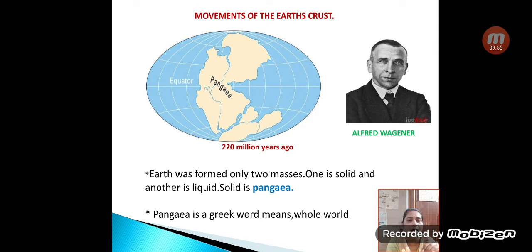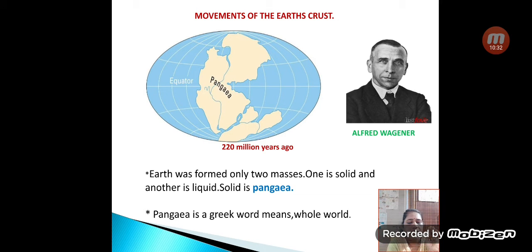Around this land part there was water. The entire land mass was covered with water. And this was only one land mass. There were no divisions in this particular land mass.